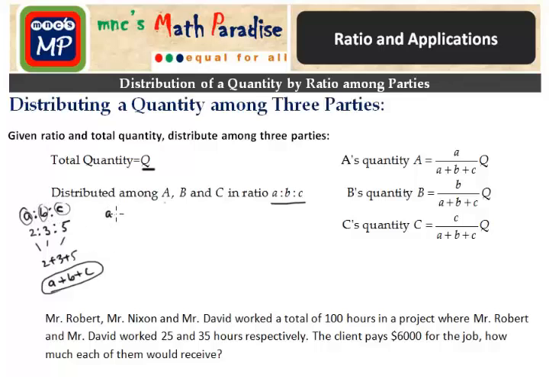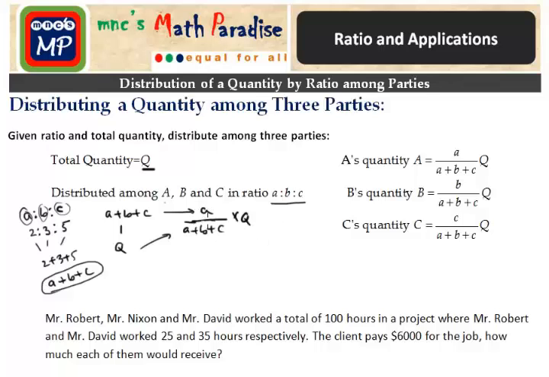So if the total amount is a plus b plus c, then A is getting a. If the total amount is 1 unit only, then A will get a divided by a plus b plus c. If the total amount is Q, then A will get this amount.